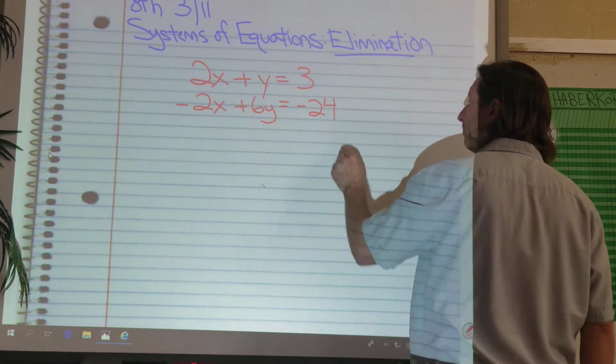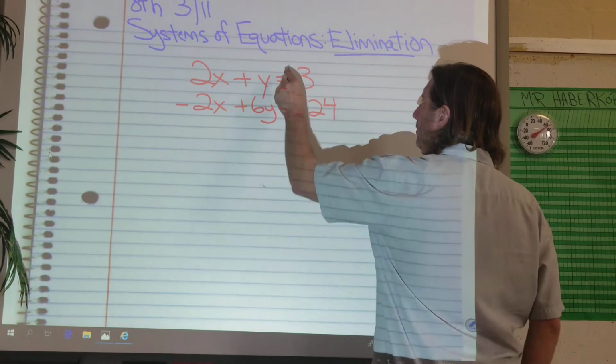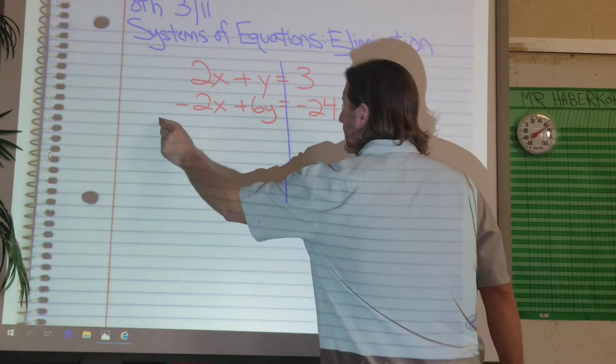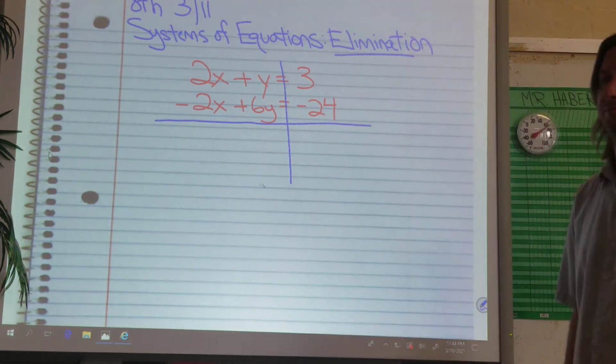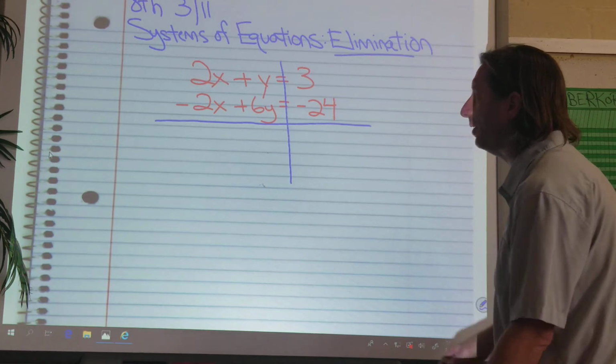Okay. All right. So there's our system of equations. You have your 2 equations. I'm going to draw a line through the equal sign like we always do. You're not going to see any math teacher except for me telling you to do that, but I encourage you to do it anyway, okay?